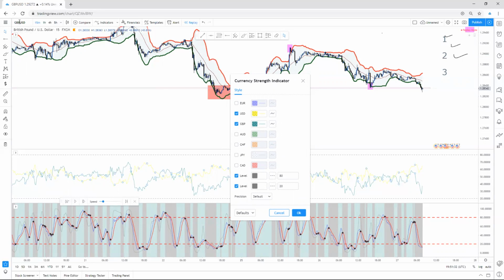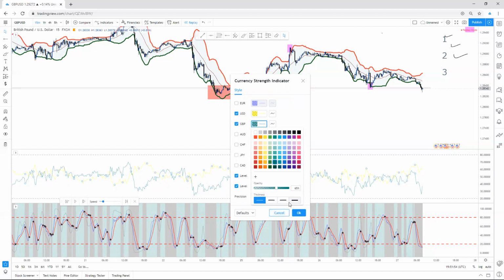The first currency from the pair that you're trading. Again, the first currency, in this case, is Great British Pound, GBP.